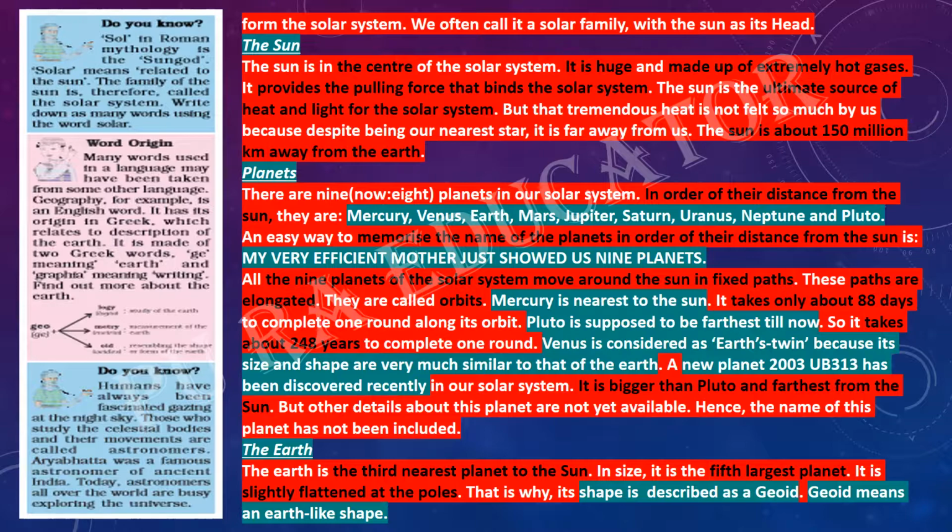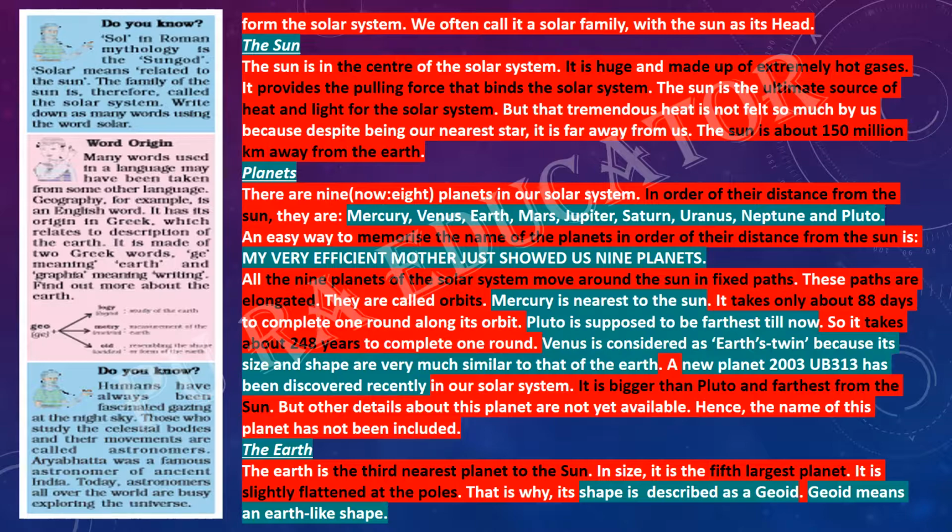Venus is known as Earth's twin because its shape and size are very similar to the Earth. A new planet, 2003 UB313, has been discovered recently in the solar system. It is bigger than Pluto and is farthest from the Sun.